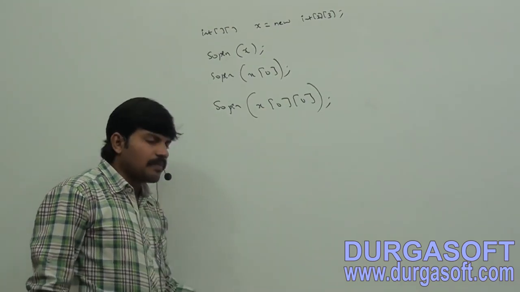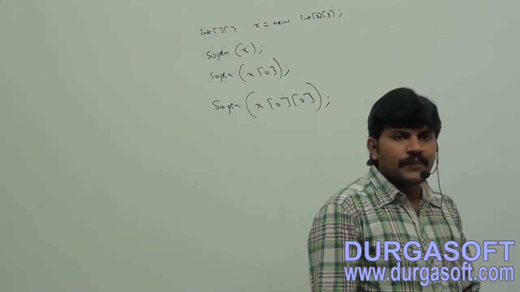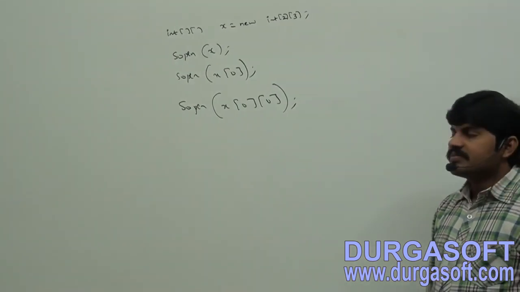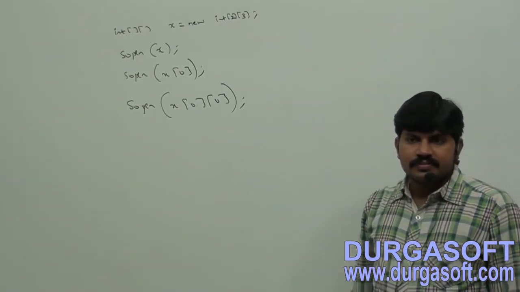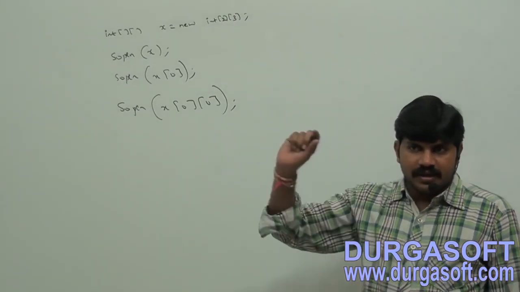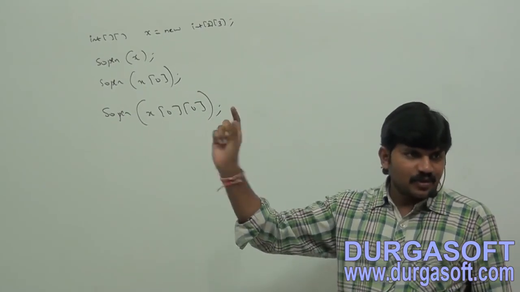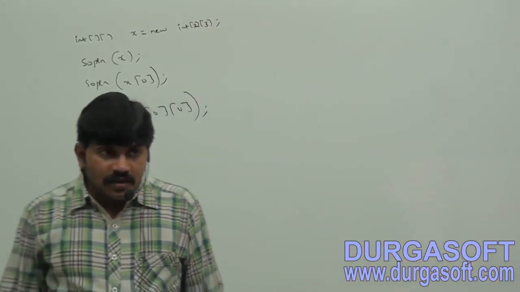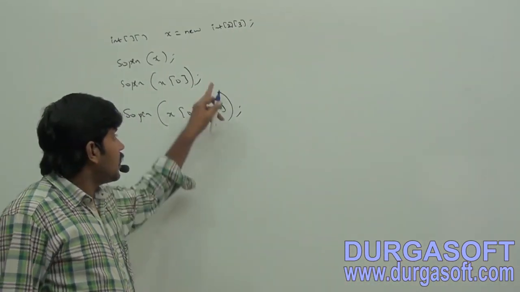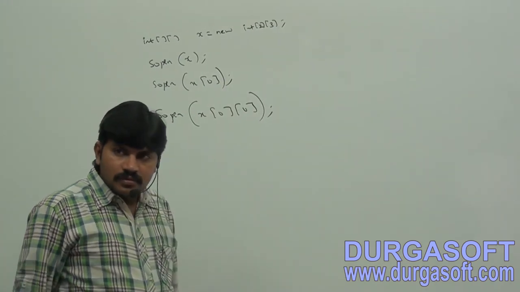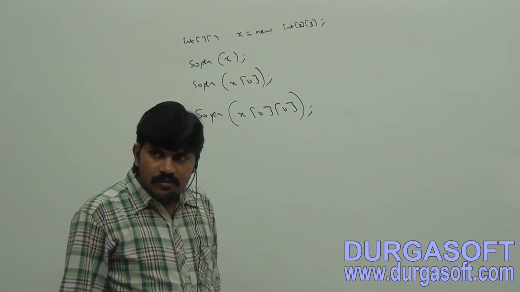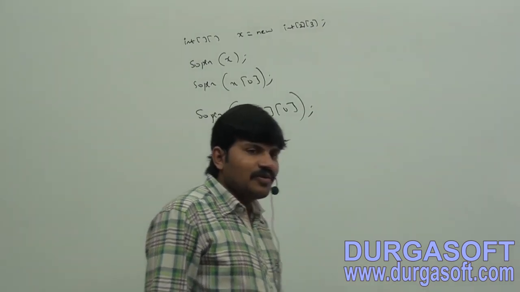Can you tell what the answer is? First one, class name at the rate. Second one, 0. Third one, 0 always.